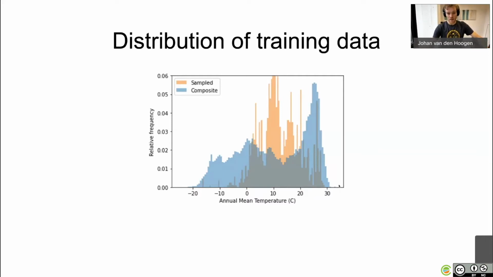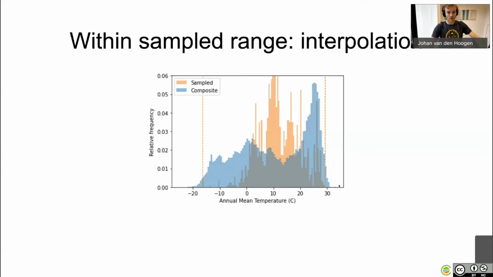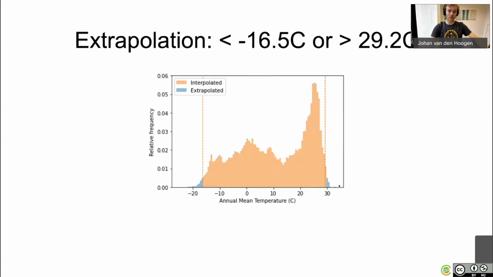In a fairly simplistic way, one could say everything between these dashed lines can be considered interpolated or extrapolated. So here in orange, everything between -29.2 and -16.5C is considered to be interpolated, and everything outside that range is considered to be extrapolated.